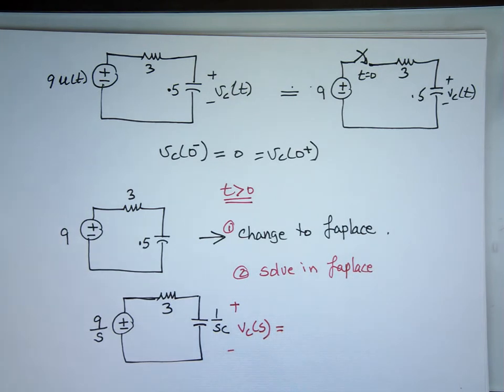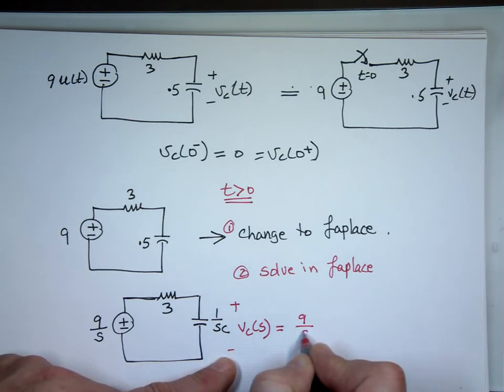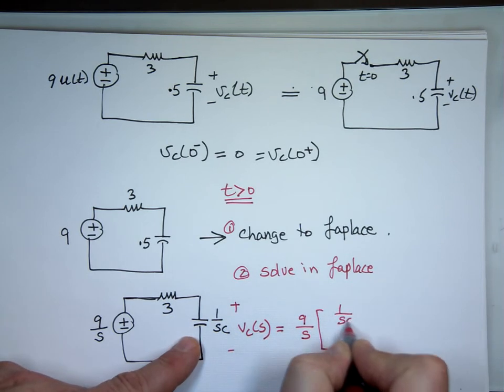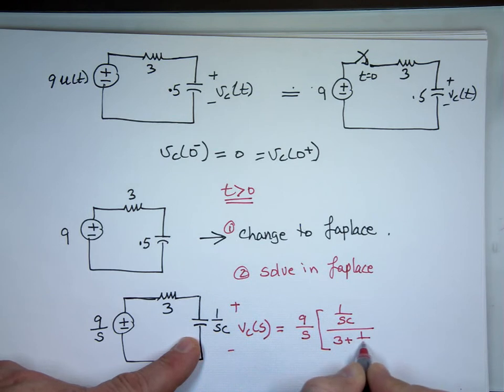I can use voltage division. It is equal to 9 over S times what? The impedance of that, 1 over SC, over the sum of them. All the rules we learned before are still good.